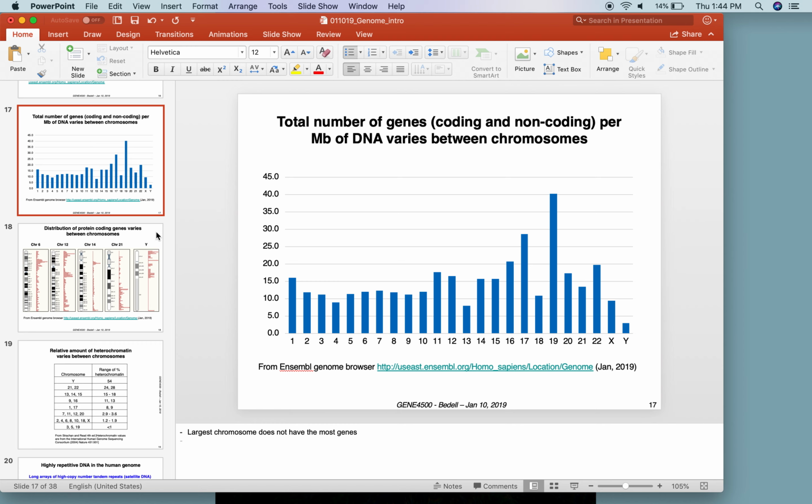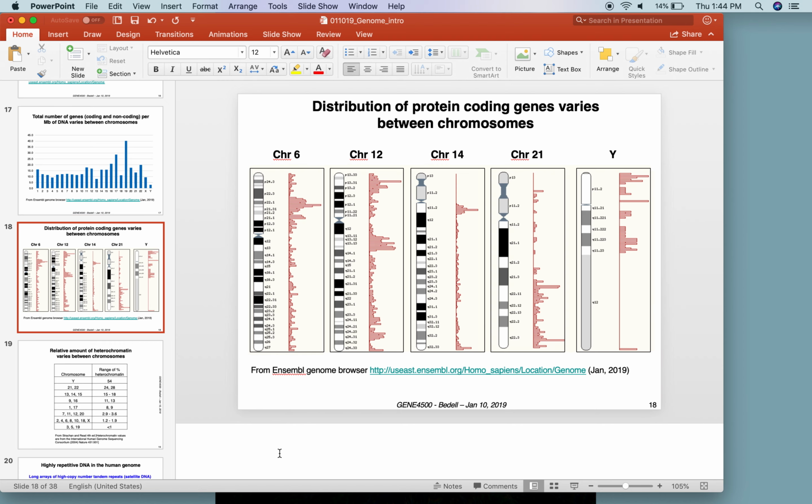This is just some example chromosomes. This is not relative to size. I've stretched these out so they're all the same size. Even though gene density varies among chromosomes, even when you look along the length of one chromosome, the density within each region varies. It's not equally distributed along each chromosome, and it's not even on either of the arms.